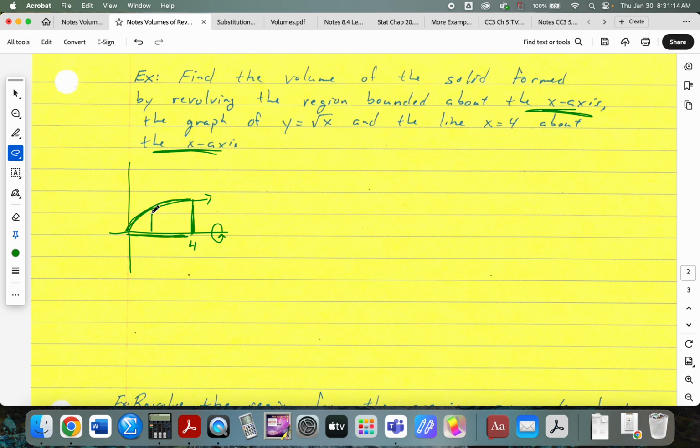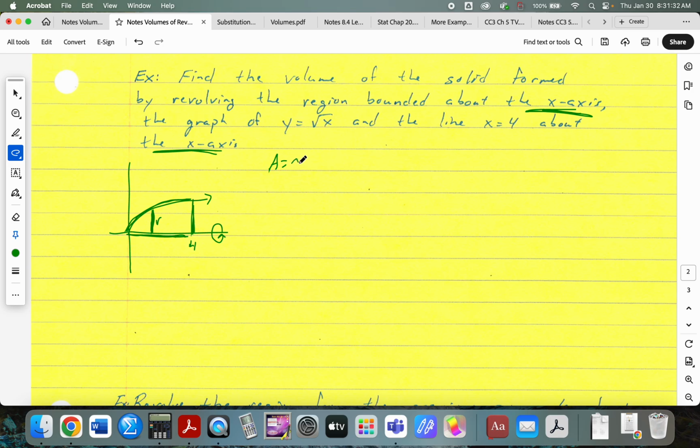So if I take a little piece here, again, notice that every single one of my cross sections is going to touch the axis of revolution. So that's going to be the radius of the circle.